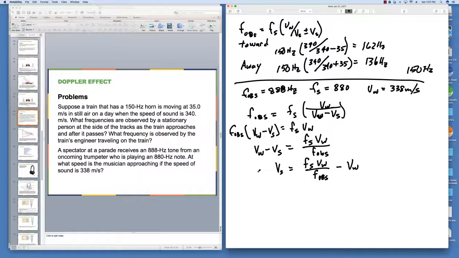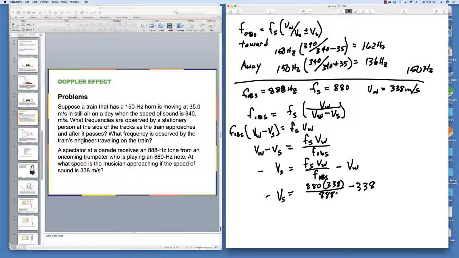And then to get the velocity of the source, we just subtract vw, and what's going to end up happening here is it'll be negative, and then the negative will work that out. So negative vs is going to be the frequency of the source, which is 880, times vw, which is 338, divided by f observed, which is 888, minus 338.